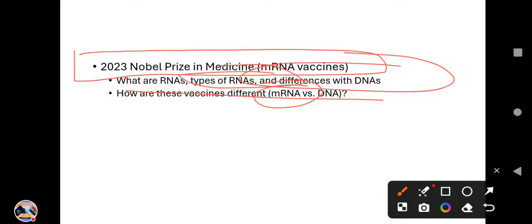And what are the various functions? In RNA, mRNA carries genetic information from DNA to the ribosomes for protein synthesis.